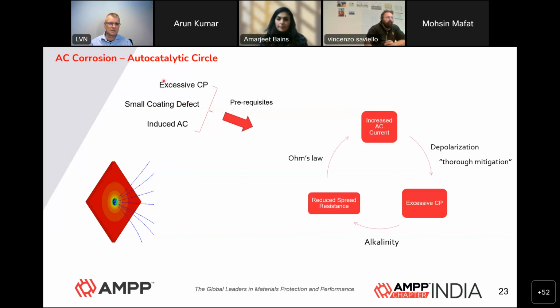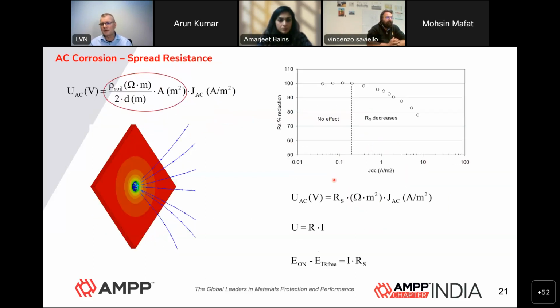And that is, you cannot change the induced AC other than grounding the pipeline. You cannot change the coating defect geometry, but you can certainly change the cathodic protection. So turn down a little bit your cathodic protection system, and then this circuit would start, instead of running in this direction, let it go in the more healthy direction backwards and recreate a condition where you do not affect the spread resistance.